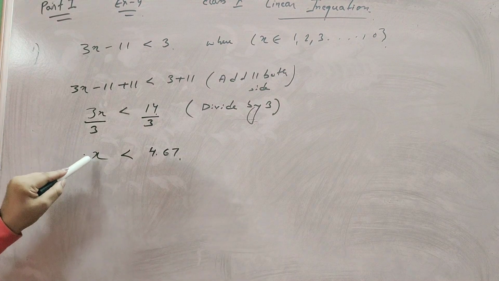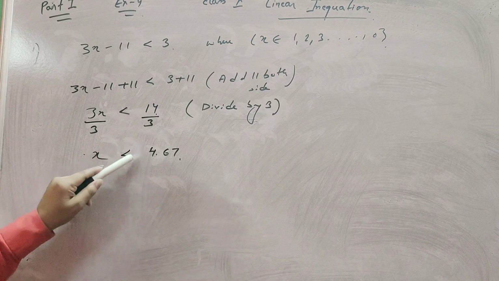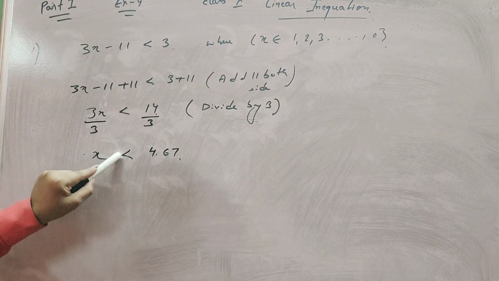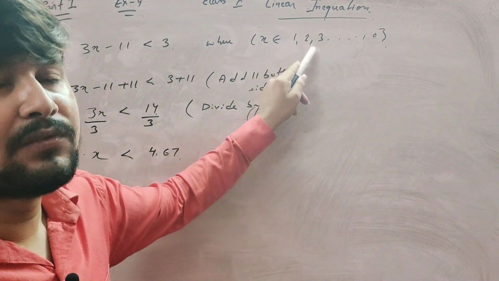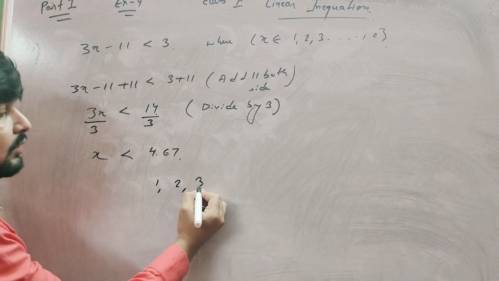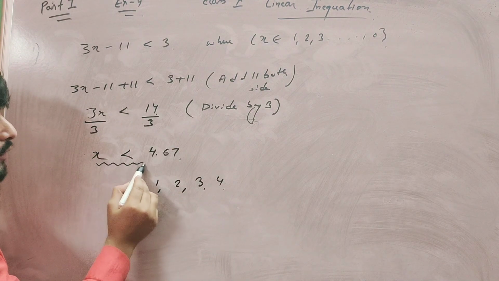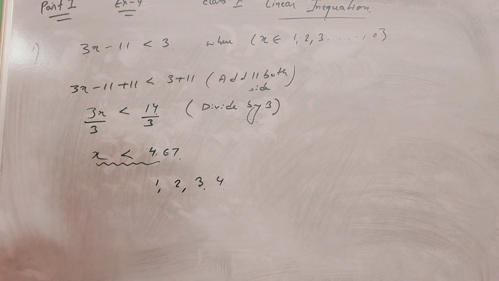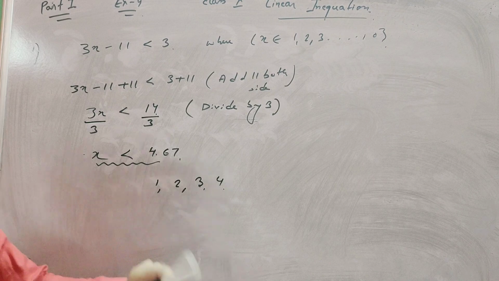Clear? So that means we get the value of x is less than 4.67, and what is given here, the value of x is 1 to 10. So our answer is 1, 2, 3, 4, because it is clearly mentioned the value of x is less than 4.67. So our answer is x equals 1, 2, 3, 4.